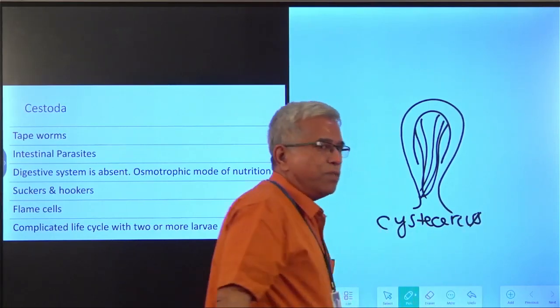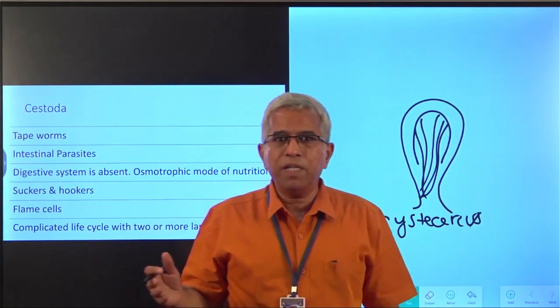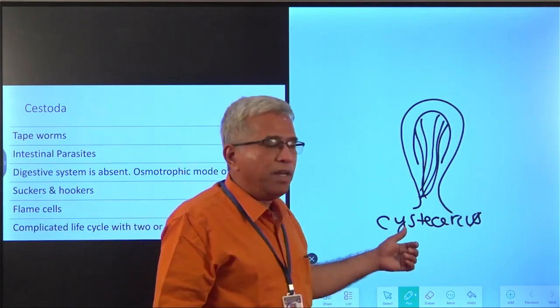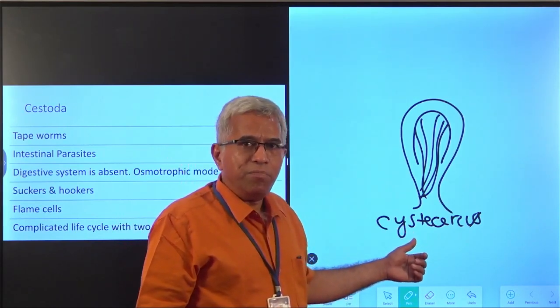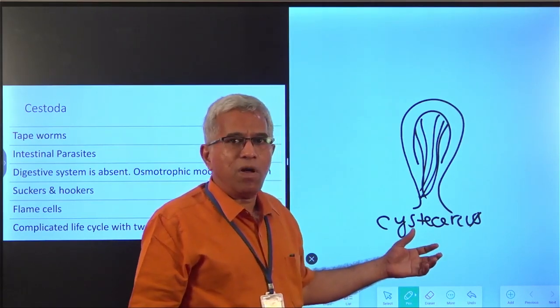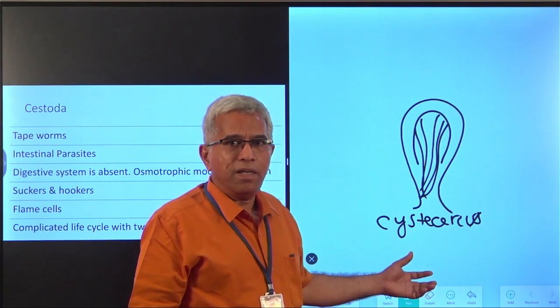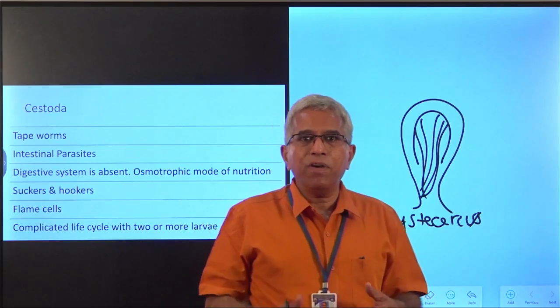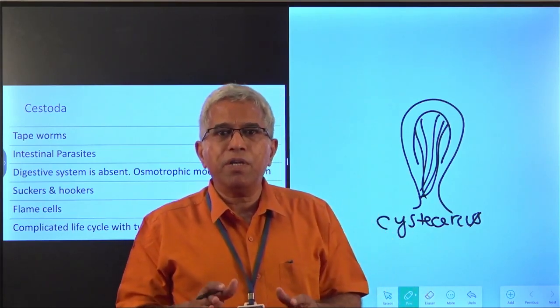Cercaria larva, of course, is found in trematodes. That means liver fluke shows many larval stages. But in case of tapeworm, you can find the larval stages like hexacanth, oncosphere, and Cysticercus. And the pork which is loaded with the larvae of Cysticercus is called measly pork.